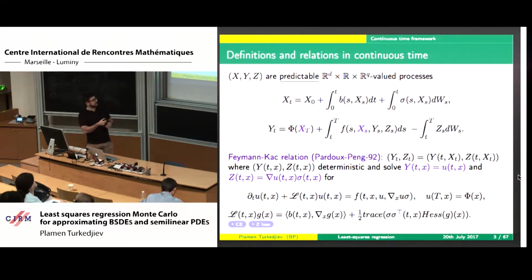It consists of a system of stochastic differential equations, one forwards in time, meaning that the value of x is specified at time 0, and usually there are d such equations, and then a second equation, which is the backwards type equation, where the value of y is specified at its terminal time.